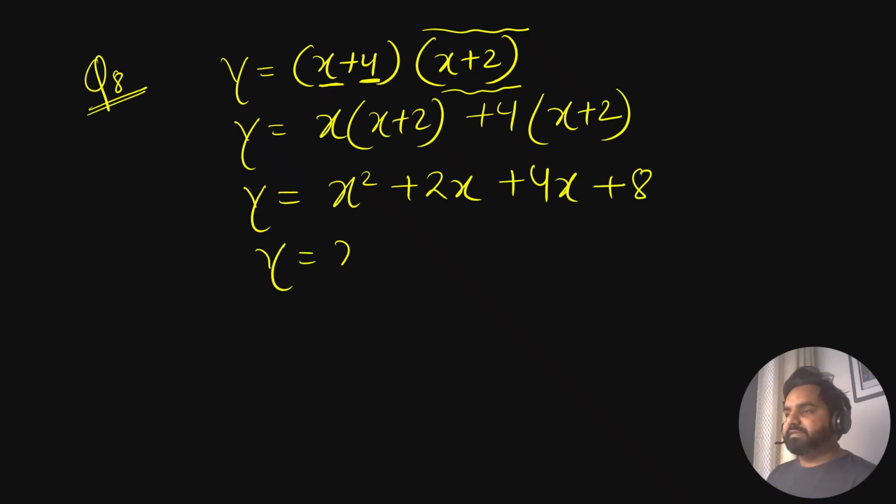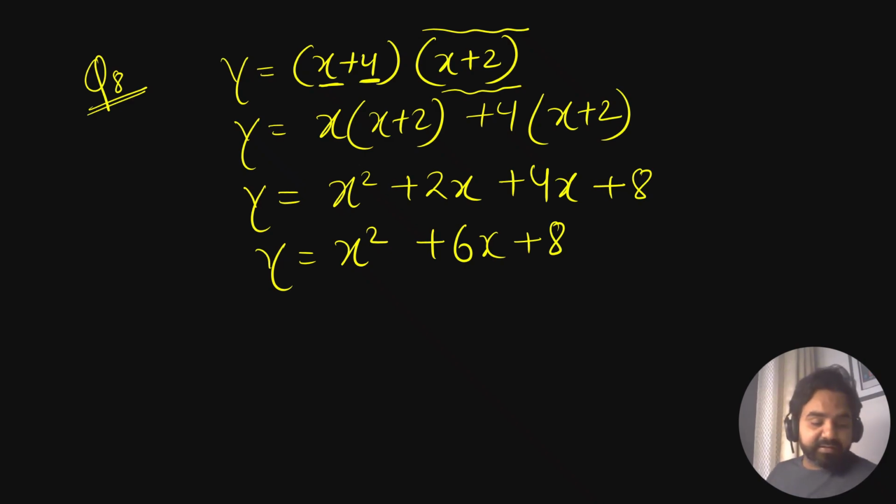I will further try to simplify it. This will become 6x plus 8. So so far what we have done is just simplifying the expression, and we got x square plus 6x plus 8. Now I will try to differentiate this function.